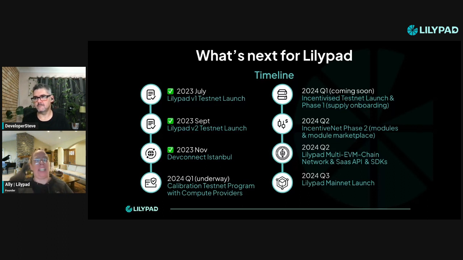So there should be so many more AI and ML and other deterministic jobs, actually. Lilypad is not actually only for AI and ML. You can run any kind of deterministic compute job on Lilypad, and you can make any kind of deterministic module to run on Lilypad, and hopefully in future even non-deterministic. So we'll be incentivizing building those as we go as well. So that's what's up next.